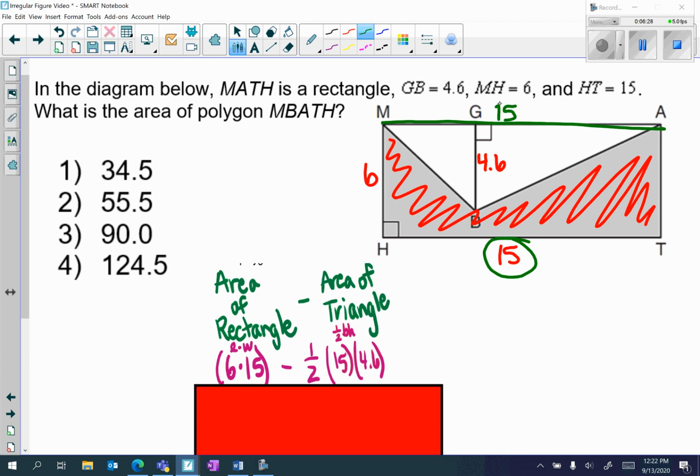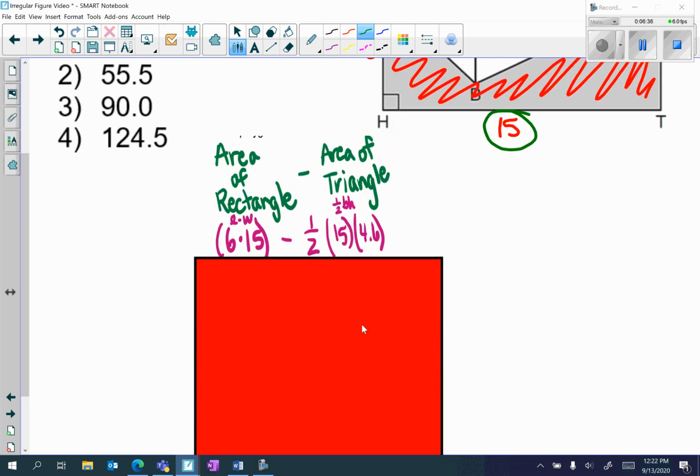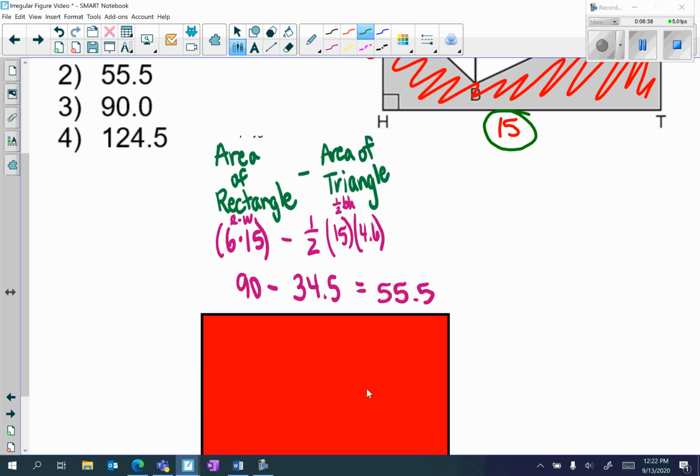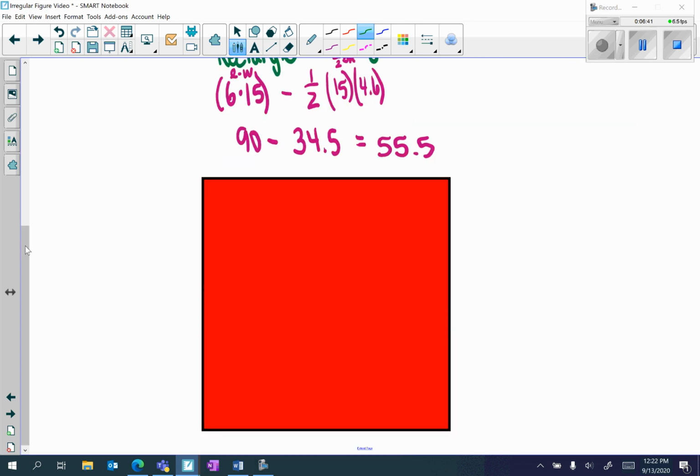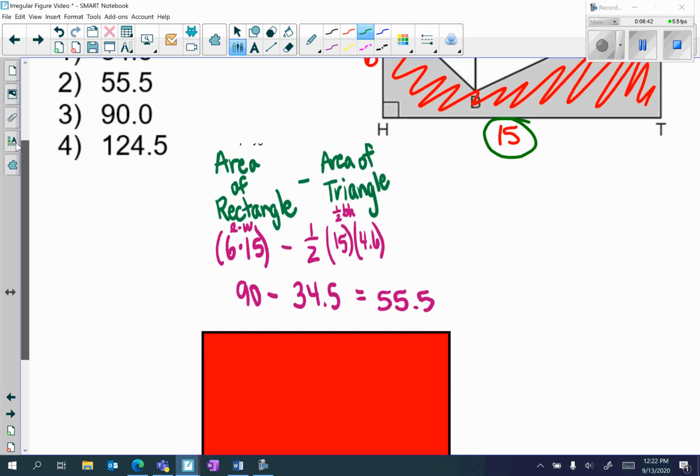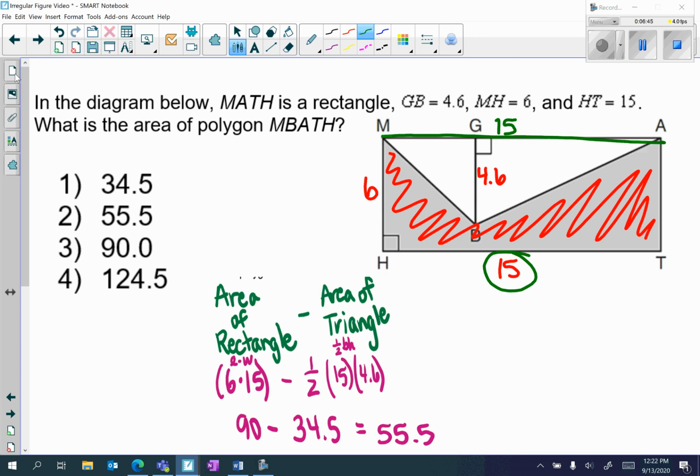So 6 times 15 is my area of a rectangle minus 1/2 times 15 times 4.6. And I end up getting 55.5. You put the whole thing in the calculator. So that is choice 2. So remember, if I'm trying to find the area of a shaded region or shaded section, I use subtraction. Big minus little.